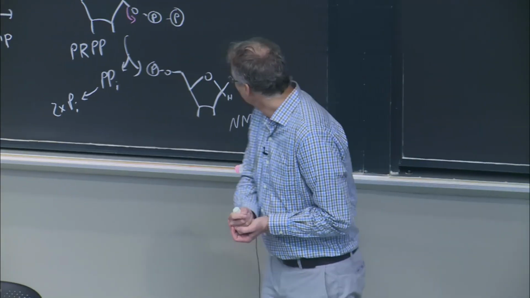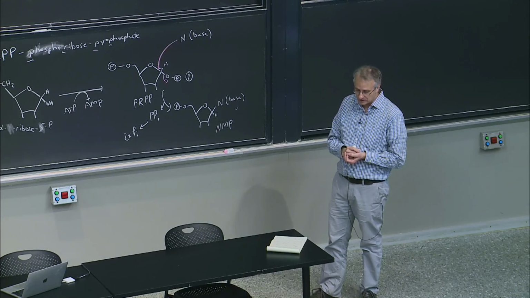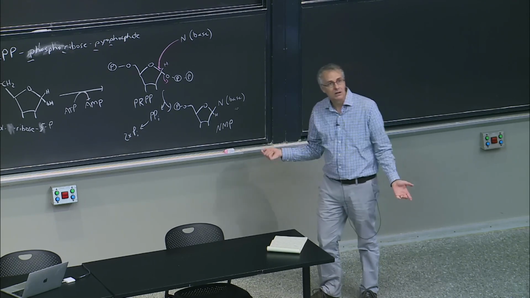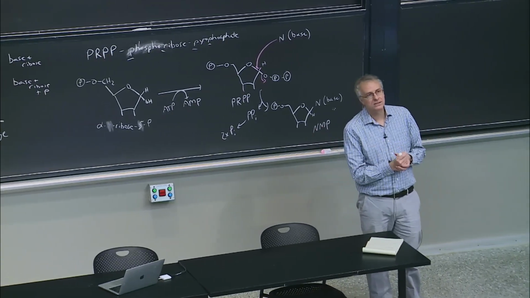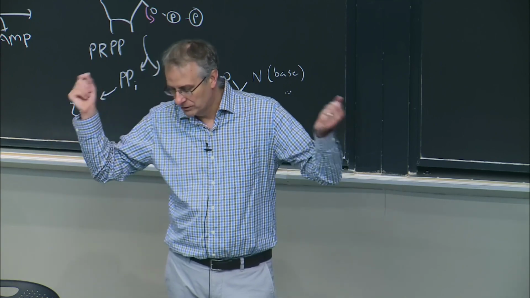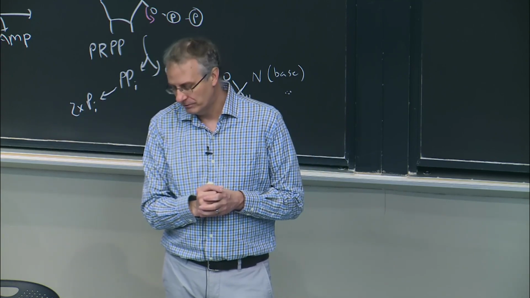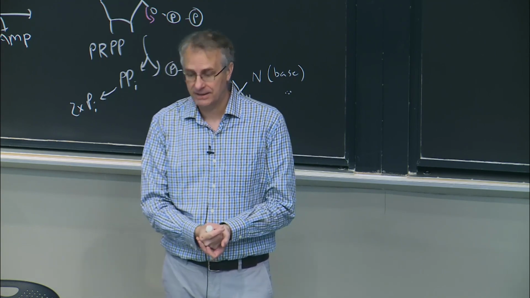All right, so let's talk first about how you make purines, purine synthesis. So purine synthesis, you should know your MIT history. So the purine synthesis pathway, the de novo, that is building purines from scratch, was largely worked out by a guy by the name of Jack Buchanan. He partially did this at MIT.